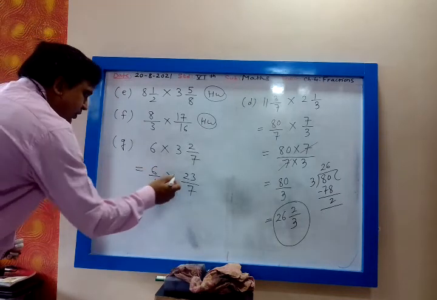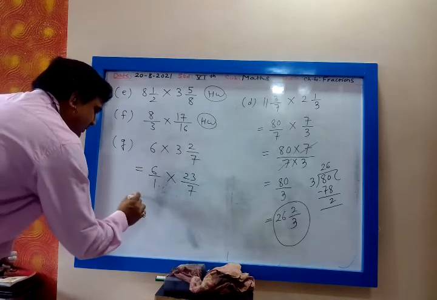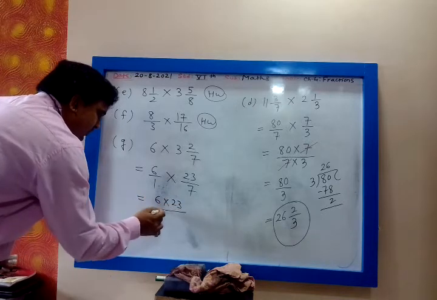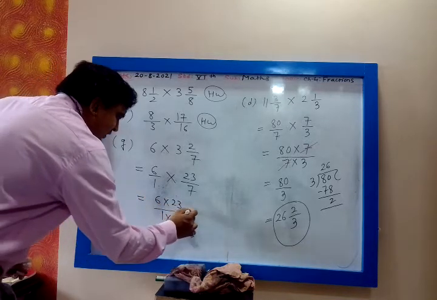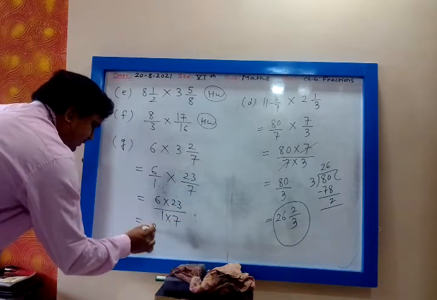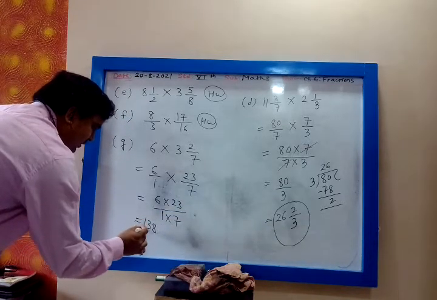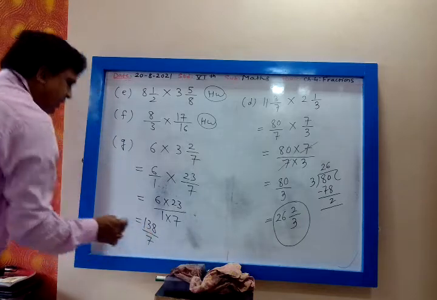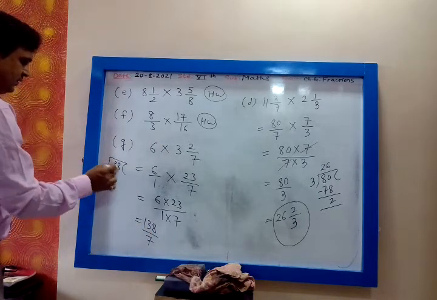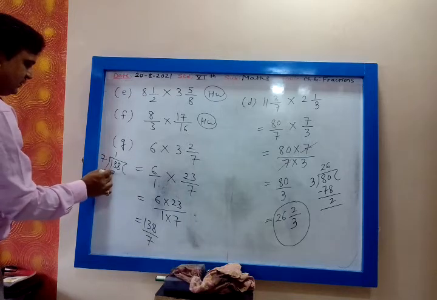So numerator into numerator upon denominator into denominator. 6 into 23 upon 1 into 7. 6 into 23 is, yes, multiply. 6 3s are 18. 138. 138 upon 7. Divide 138 to make a mixed fraction. 138 by 7. 7 1s are 7.